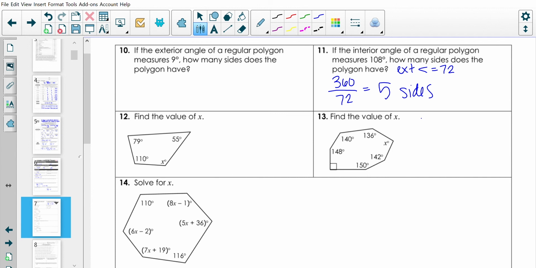That's what that beautiful chart is for. You should always use it. So, we know that this square is what? Add everything up we know and subtract it from 900. 806. So that missing angle is 94 degrees.